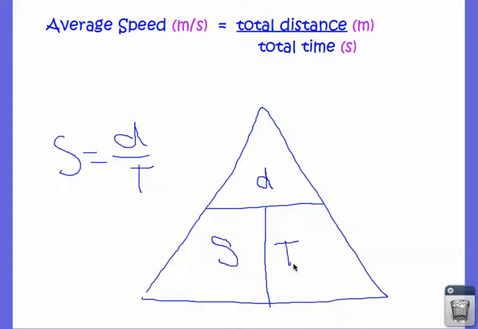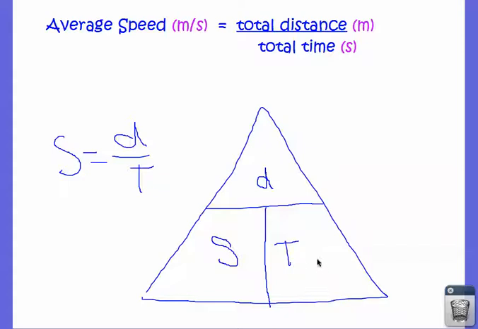On the other hand, if I'm trying to solve for time, I'd cover up my T, and that would leave time is equal to distance over speed. Now, if I'm trying to solve for distance, I would cover that up, and I have 2 variables next to one another. If they're next to one another, you multiply. So distance is equal to speed multiplied by time, and that will tell me how far I've gone, keeping all my units consistent.